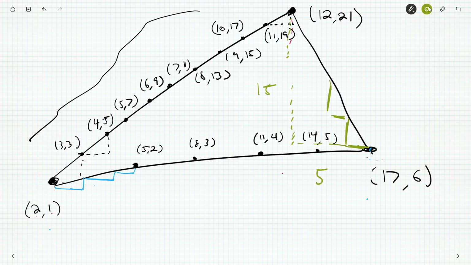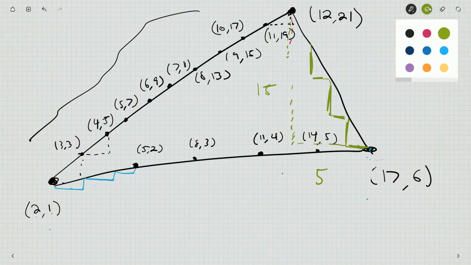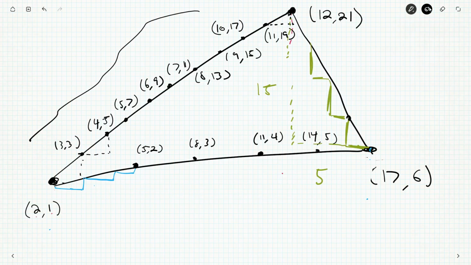Back by 1, up by 3. Back by 1, up by 3. So we'll have (16, 9), (15, 12), (14, 15), and finally (13, 18), and the next one over would be (12, 21).